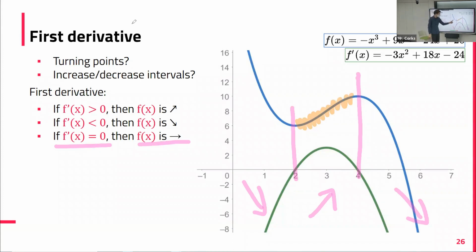But that's a separate thing. What is true about the derivative function for the whole thing? There's something that does not change about the derivative function in this area. Yeah, it's positive.